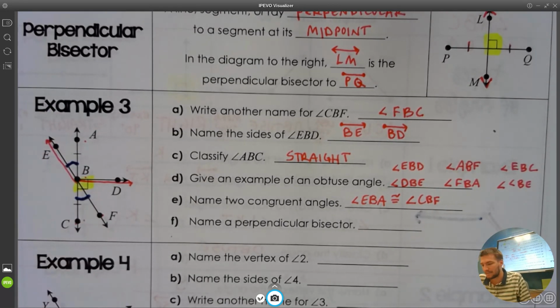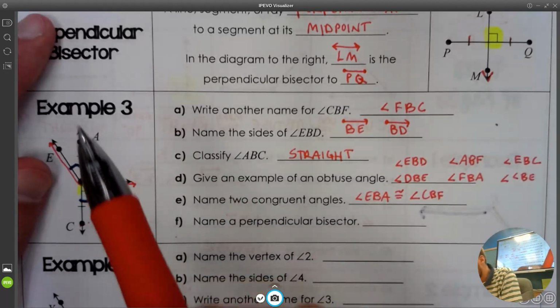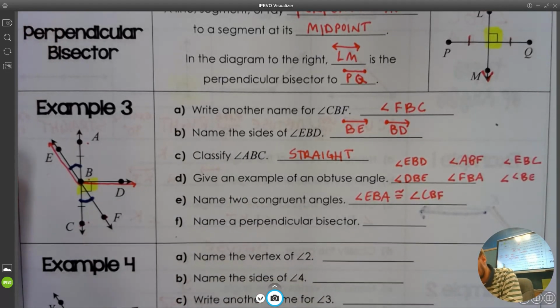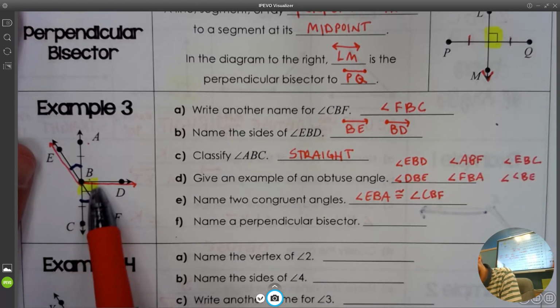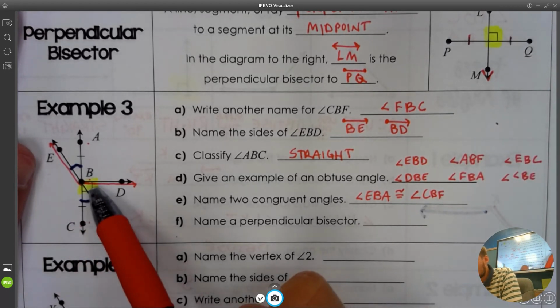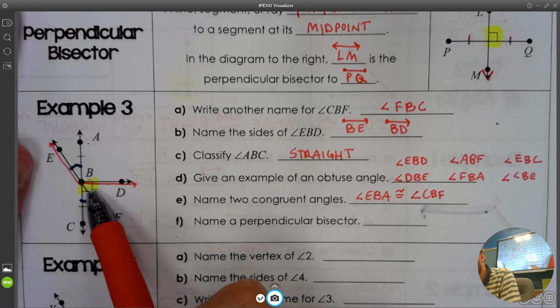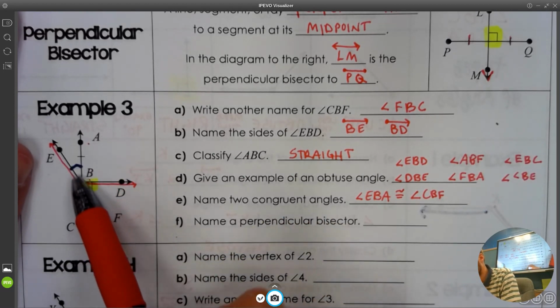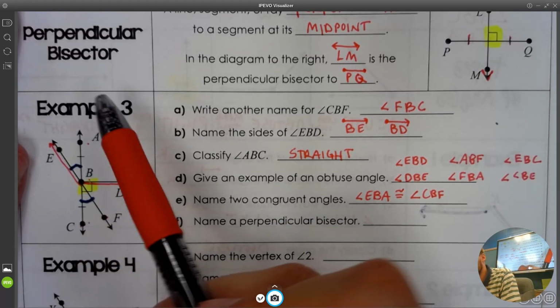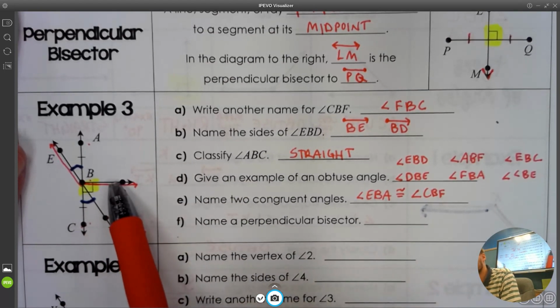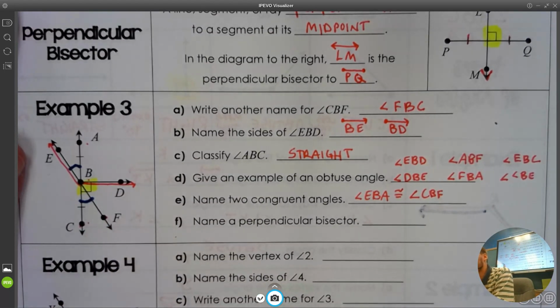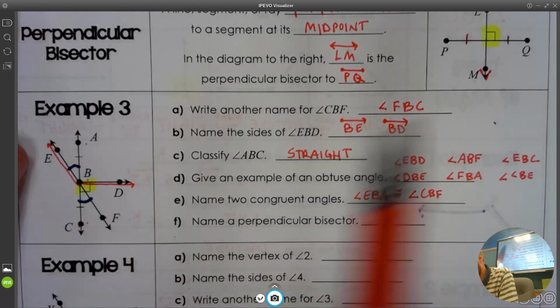Now that was an interesting idea because we know that DBC is a right angle. And if we're really like another week ahead, since ABC was straight, do you think it's good to assume ABD is right as well? Do you think ABD is guaranteed to be a right angle?